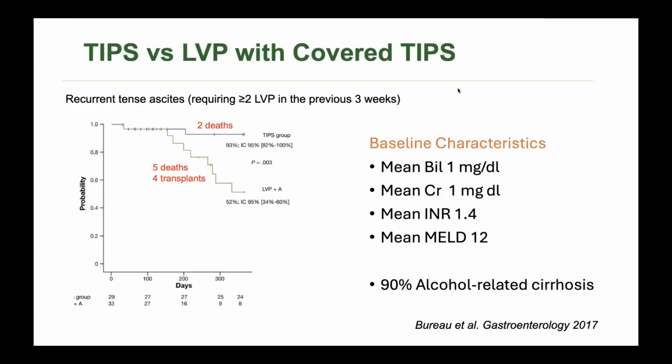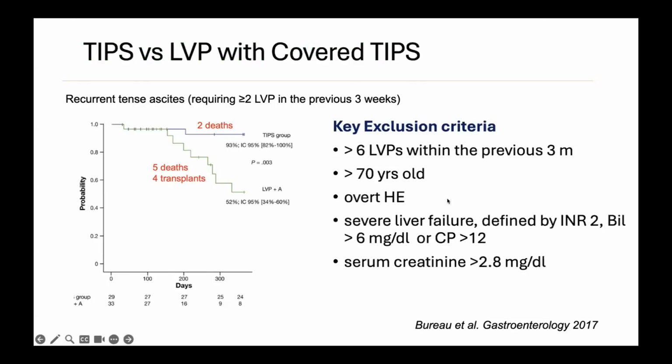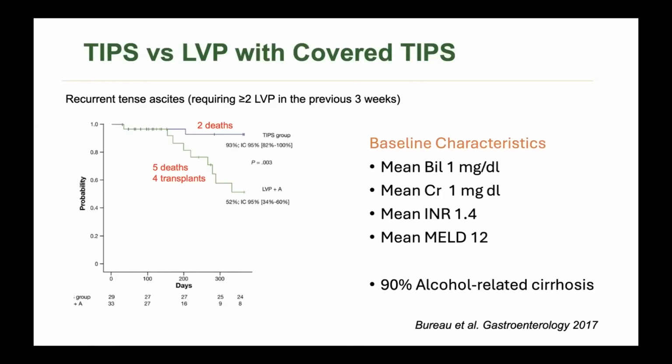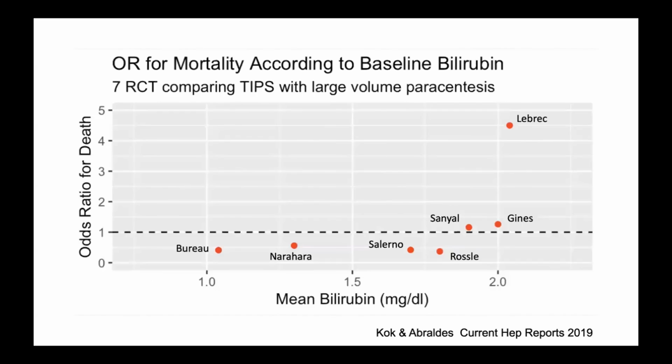But again, not very strict selection criteria. In real life, the trial really selected patients that had good liver function. And this is a plot that we put together a while ago on the mean bilirubin in the trials, as a marker of how sick the patients were, and the odds ratio for death with TIPS.